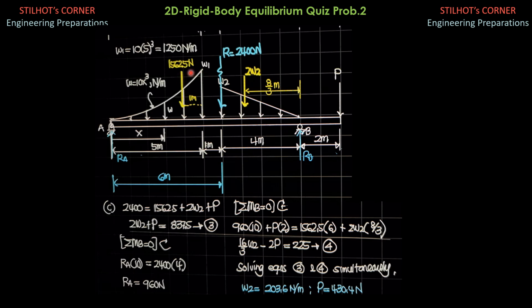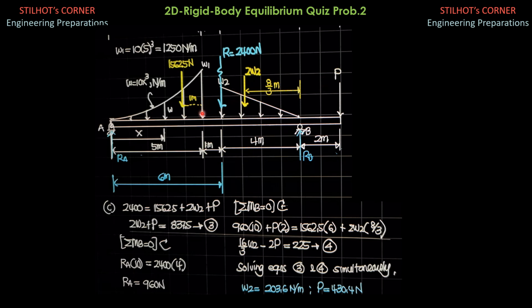W1 is 1250, that's why 1562.5 newtons. The condition here is the resultant is 2400 newtons acting 6 meters to the right of support A. So this is now the resultant, and this is equal to the sum of 1562.5 newtons, 2W2 and P, which are the unknowns here.